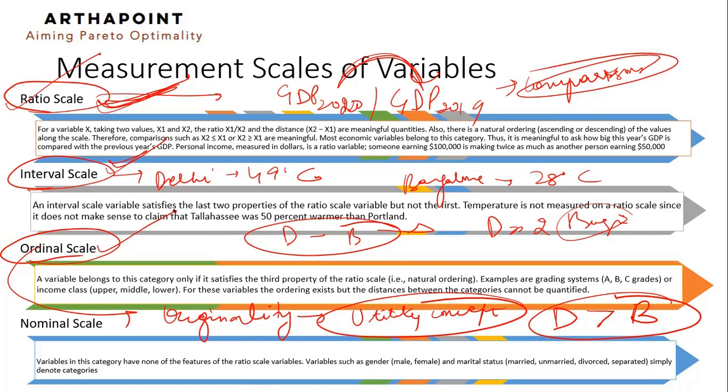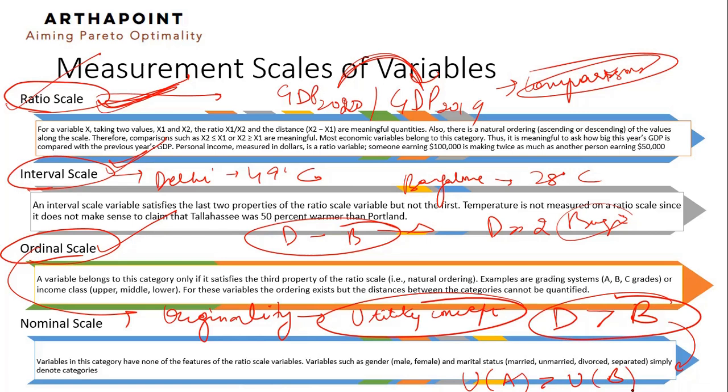So I'm interested in understanding that person A is rich, second is middle class, third is poor. But I'm not asking what the rich income is, what the poor income is, and what the middle class income is. I understand that I'm going to prefer bundle A over bundle B. A's utility is more than bundle B's utility, but I don't want to know the gap between the utilities of bundle A and B. That is not going to make sense to me.